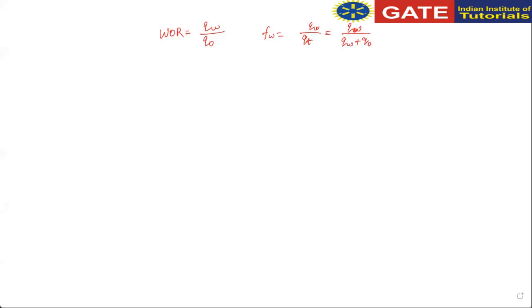Now you take the common QO, dividing QO on numerator and denominator.